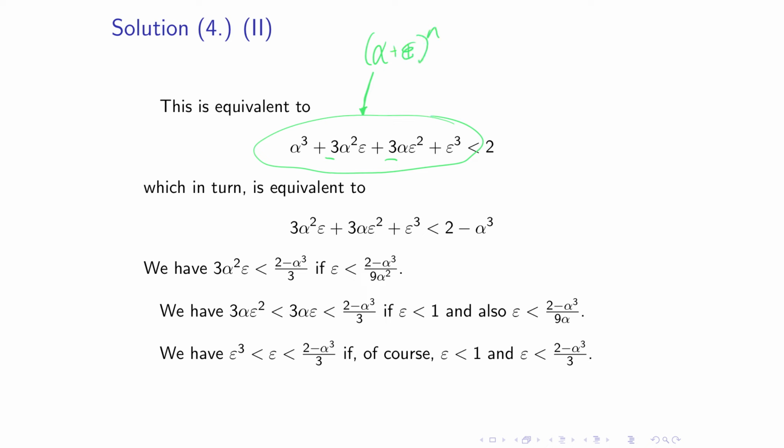So that's using the binomial theorem to get this expression nice and quick. As usual, we move alpha cubed to the other side, leaving our epsilon terms on this side.